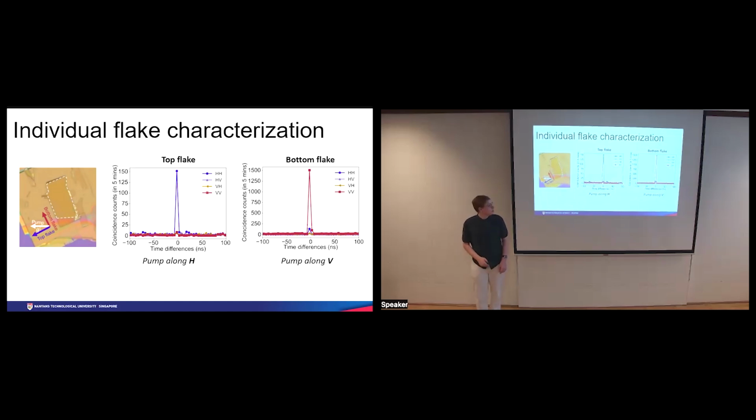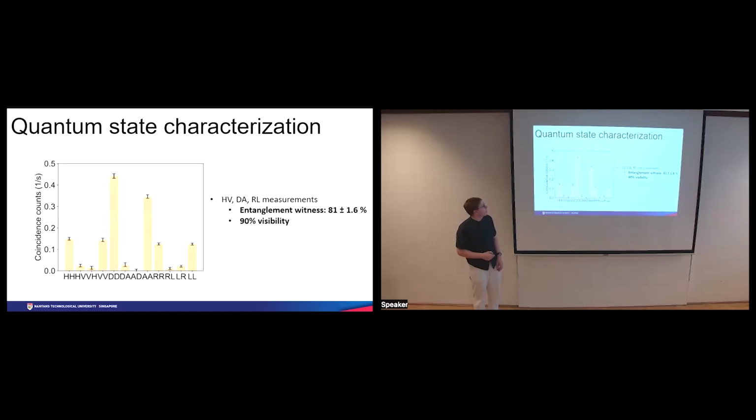And then we move on to pumping from the stacked area. In this case, what you would see first is these two components. We start by measuring in the HV basis, and you would not see these to be balanced because it depends on the pump angle.